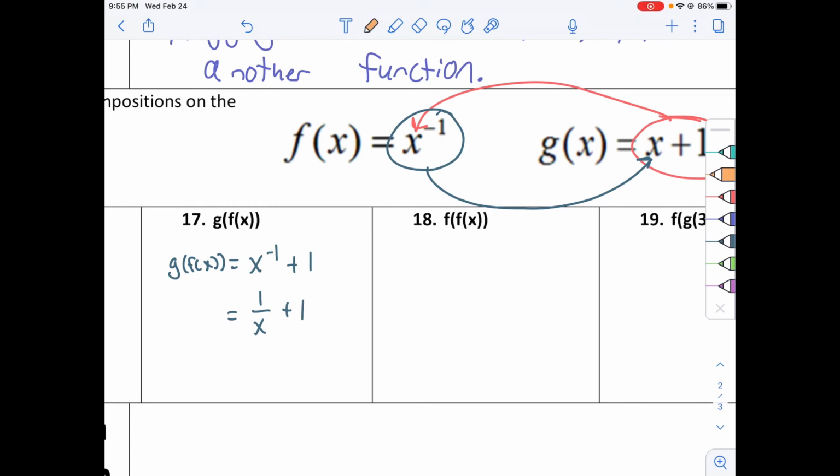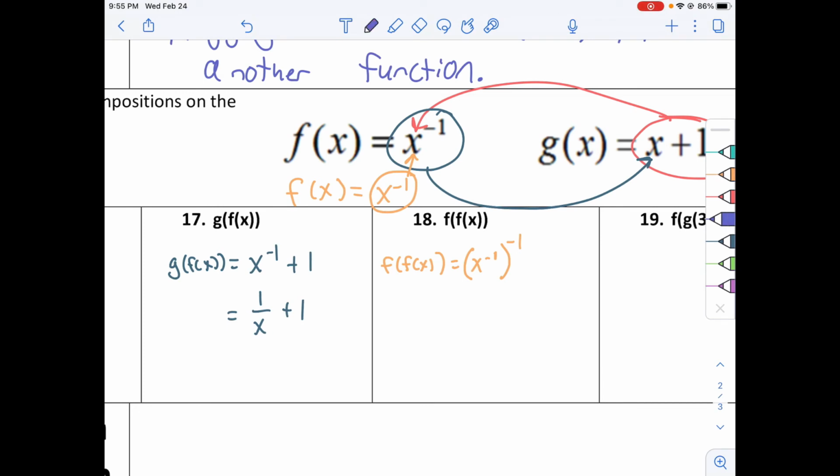All right. 18 says f of f of x. These ones are conceptually a little bit harder to understand, but we know that f of x is equal to x to the negative 1. So we're plugging in x to the negative 1 into this x. That's what we're plugging in, and we're plugging it into f, which is just an x raised to the negative 1.